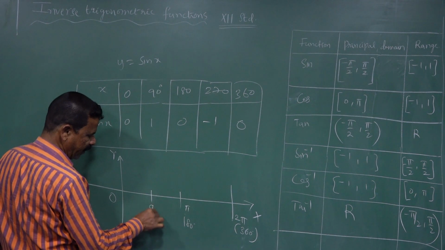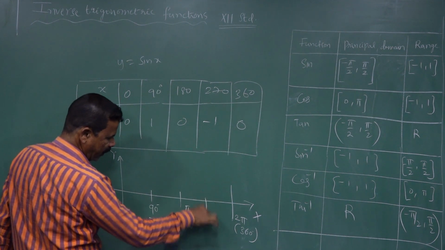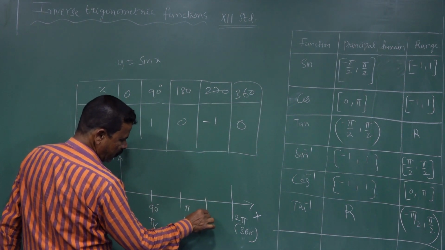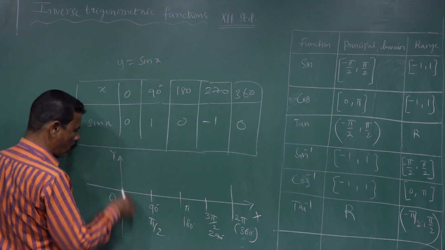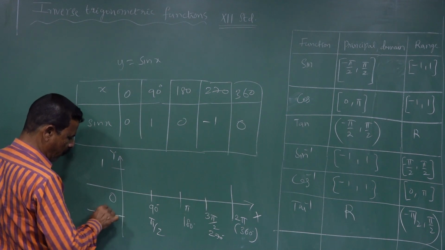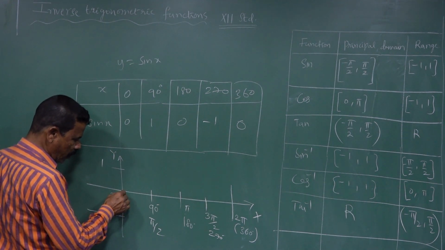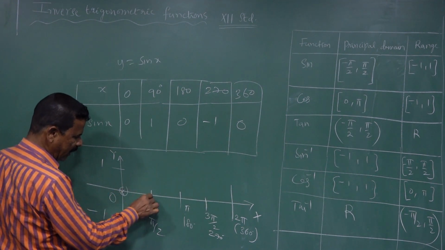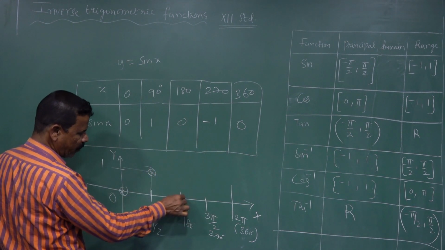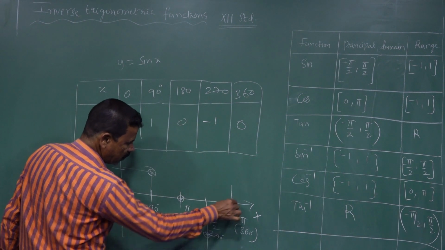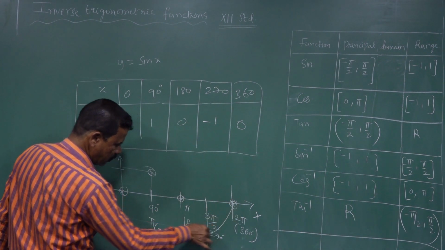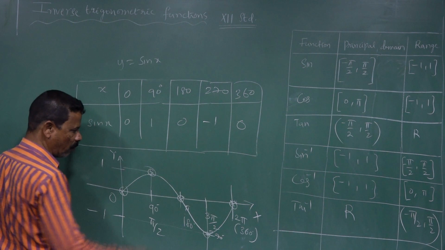Here π by 2 is 90. Here 3π by 2 radians is 270 degrees. So maximum value is 1, minimum value is minus 1. At 0 it is 0, at 90 it is 1, at 180 it is 0, at 270 minus 1, at 360 it is 0. This is the sin x graph.